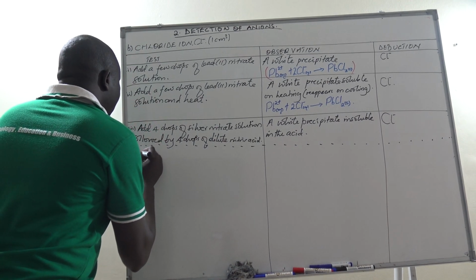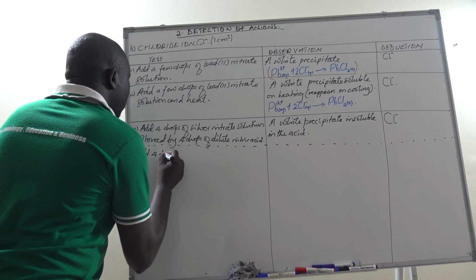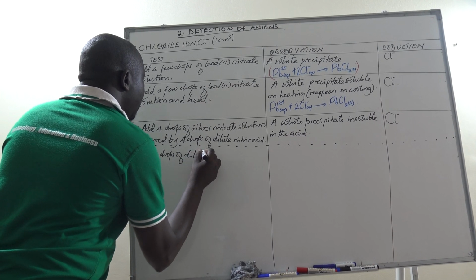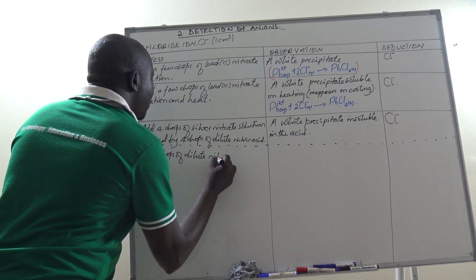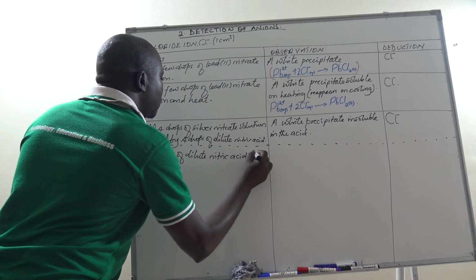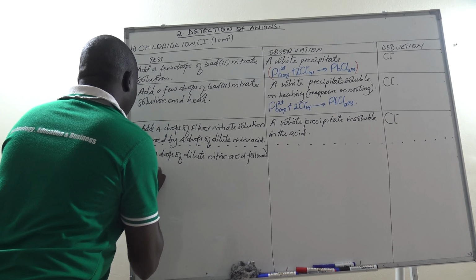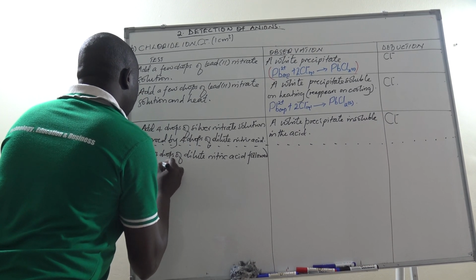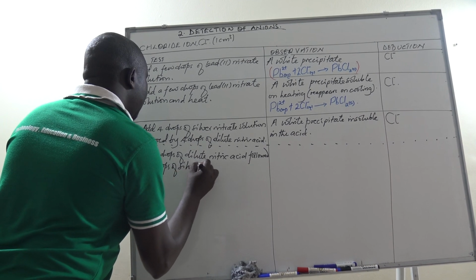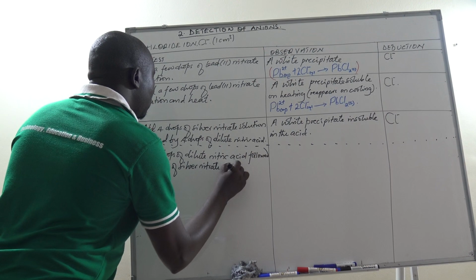So we can also start with the addition of 4 drops of dilute nitric acid, followed by 4 drops of silver nitrate solution.